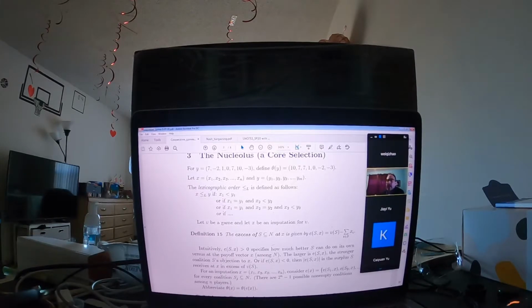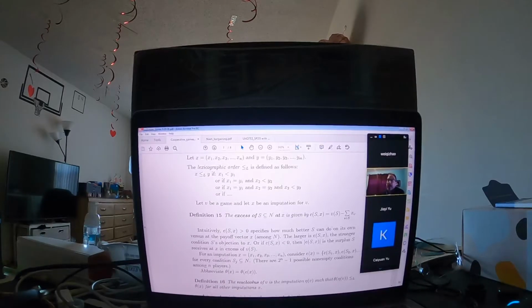They're getting less, at least according to them, than they deserve, or less than they could get on their own. So they would object to this imputation. Okay? They might say that, no, we're not going to accept that because we could do better on our own. So if this is positive, it's a measure of how badly the coalition S is treated at the imputation X.